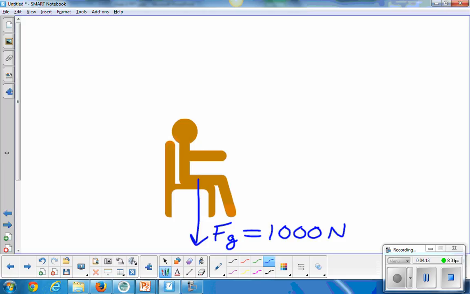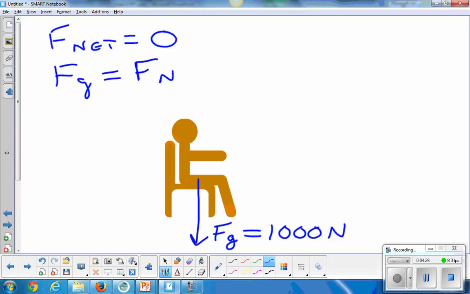Now we know because F net equals 0, I'll write that up again, that bears saying, which then means that the force of gravity is exactly counteracted by the normal force. They have to be the same. But they can't be. If I added 1,000 and 1,000 newtons, that would be 2,000 newtons. And something, I've got to be zooming along somewhere.